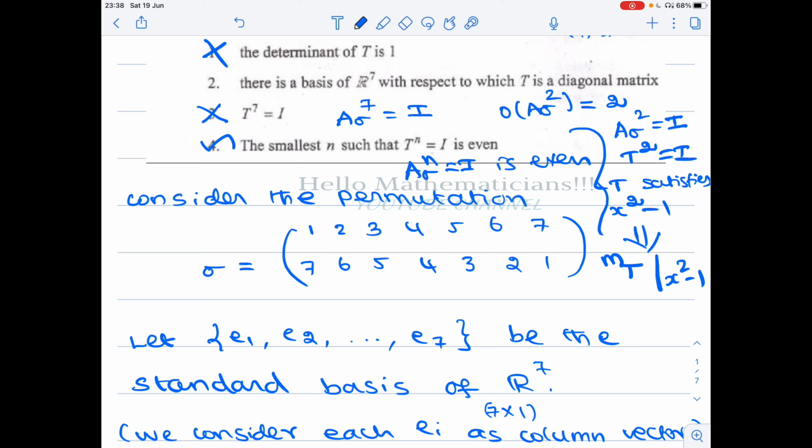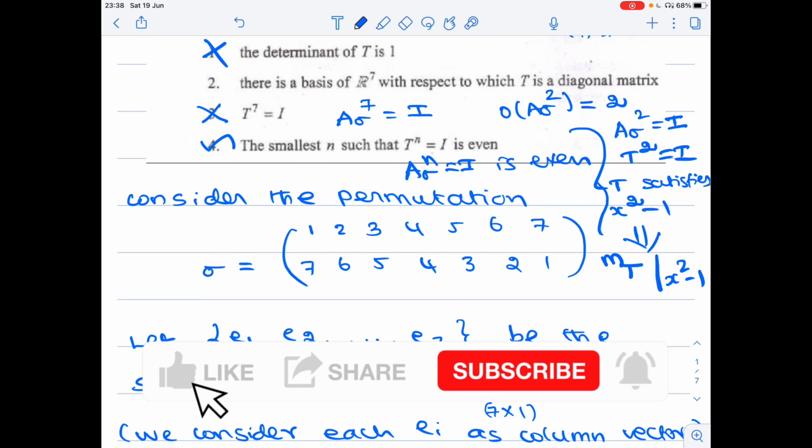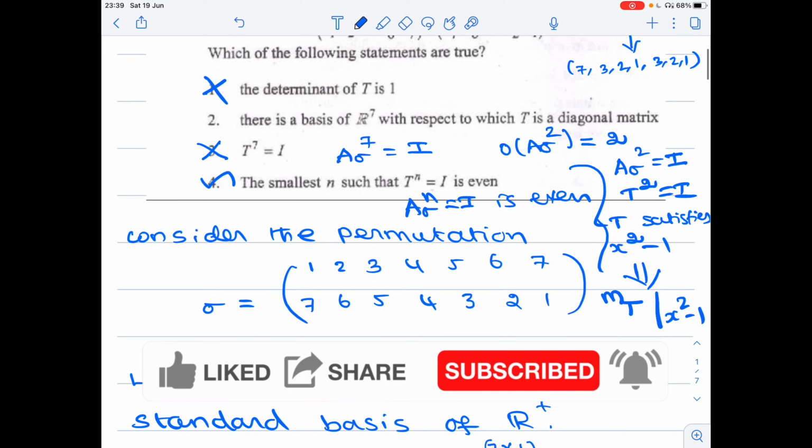Why? This is one of the important properties of the minimal polynomial. The minimal polynomial divides all the polynomials satisfied by the matrix. Therefore, we get that the minimal polynomial of T divides x squared minus 1.